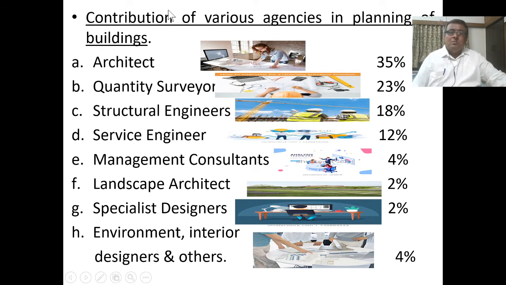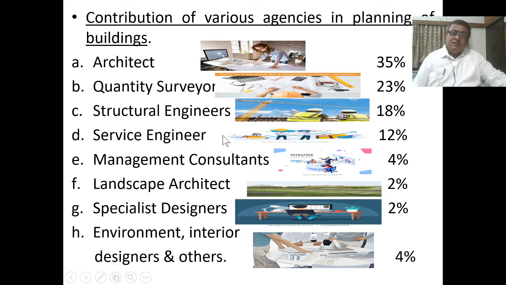Now, the contribution of various agencies in planning of a building. Architects contribute nearly 35% of the planning of the building. The quantity surveyor, that is the estimation engineer, contributes nearly 23% of the planning stage. The structural engineer contributes about 18%.